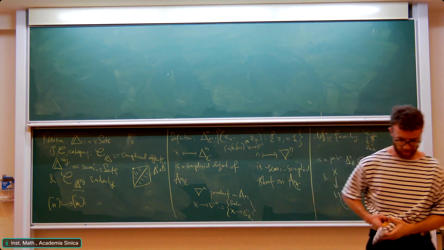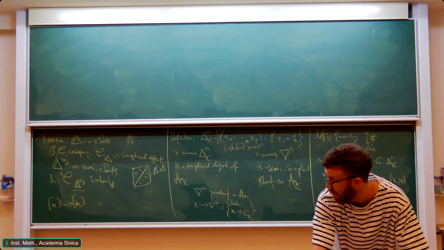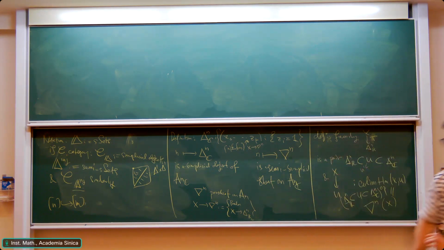It's the degeneracy map basically saying if I have a family over delta n minus one, I wouldn't think about this as a family over delta n. Then I basically just try to get the delta n to project to delta n minus one, the degeneracy map, and pull it back. Can I do that?